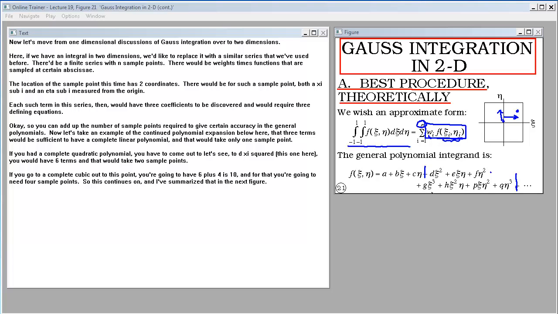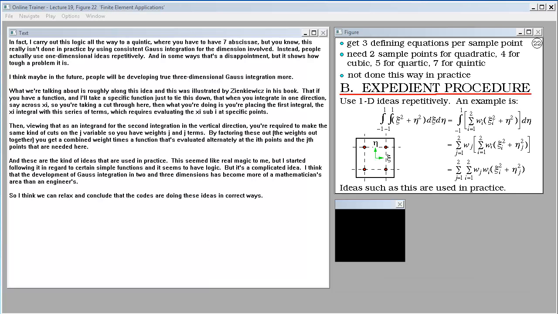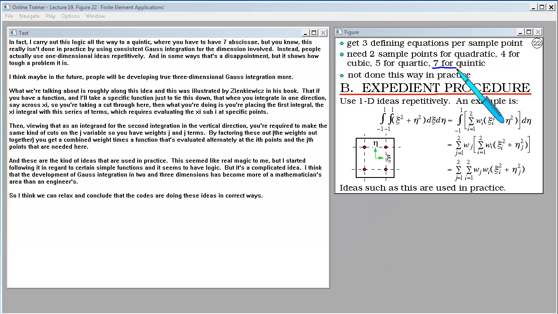So this continues on, and I've summarized that in the next figure. In fact, I carry out this logic all the way to a quintic, where you have to have 7 abscissa.